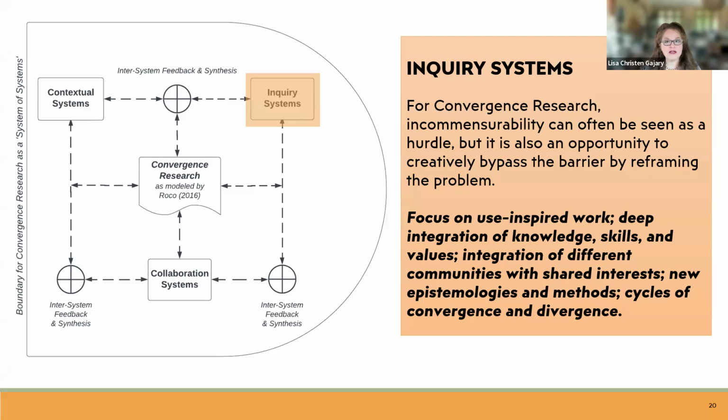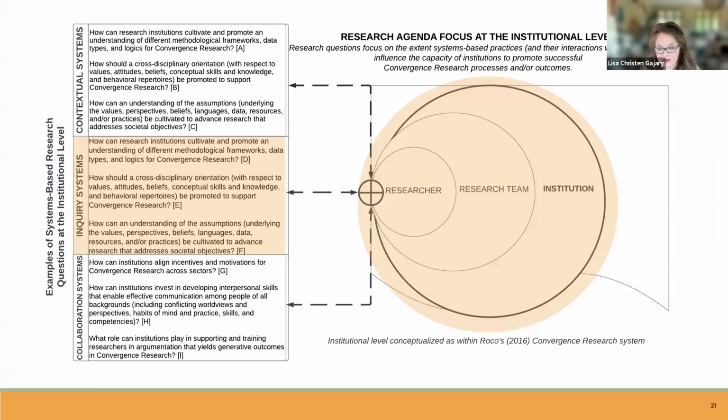And then what has been brought forward most prominently in Rocco's work are cycles of convergence and then divergence within a process. So, Joy, would you go to the next slide? Here are some examples of research questions aligned to that on a level of analysis.